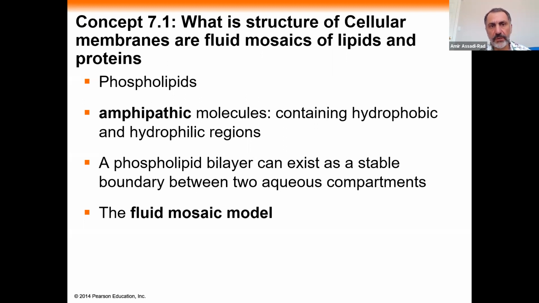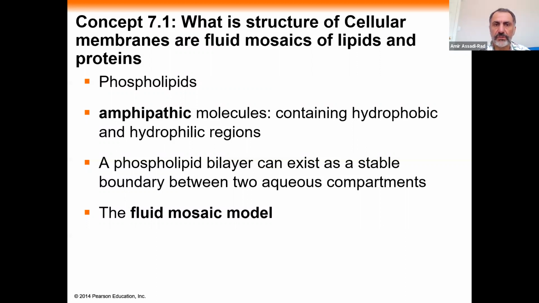Phospholipid, we talked about it: two fatty acids here, and the head is a glycerol and phosphate. Remember that. So it's amphipathic. That's a good term that you should know. Amphi means two lives, like amphibians, the animals that have two lives.